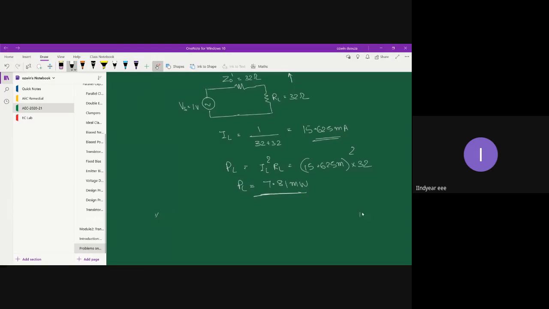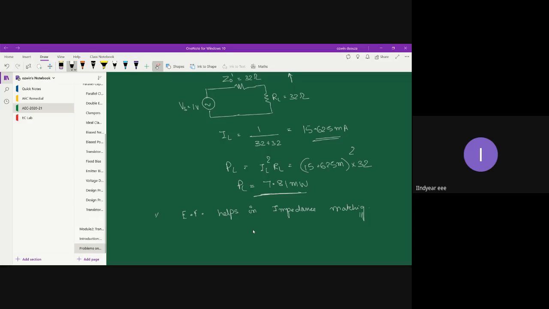So the end note is going to be like this: the emitter follower helps in impedance matching, which is very, very essential for any audio amplifier circuit. You won't find any amplifier circuit without an impedance matching device.